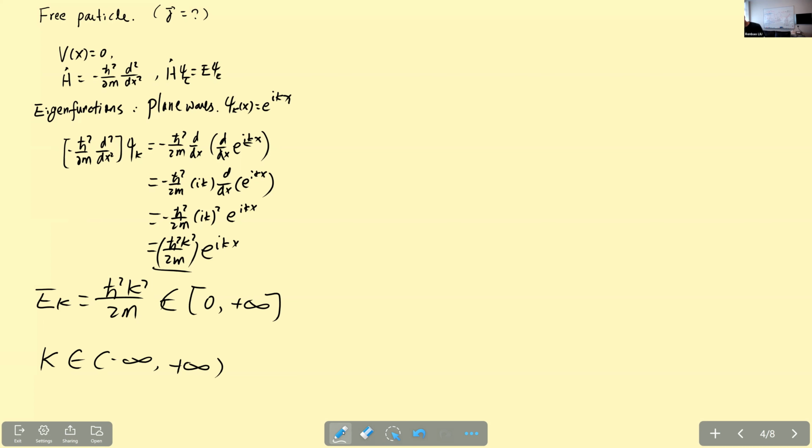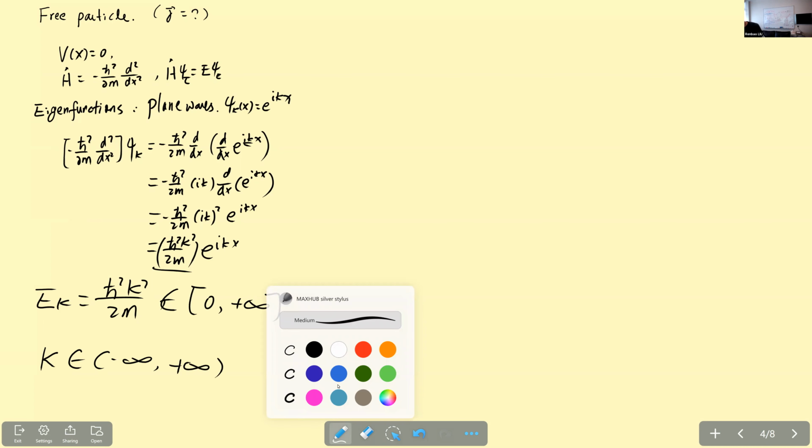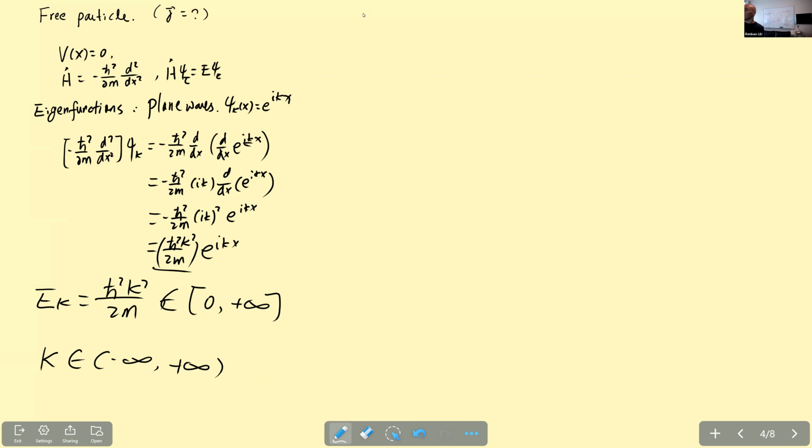So there are a few points to be discussed. The question is why E is not negative. In that case, k would be equal to plus or minus i square root of 2m|E| over h bar.